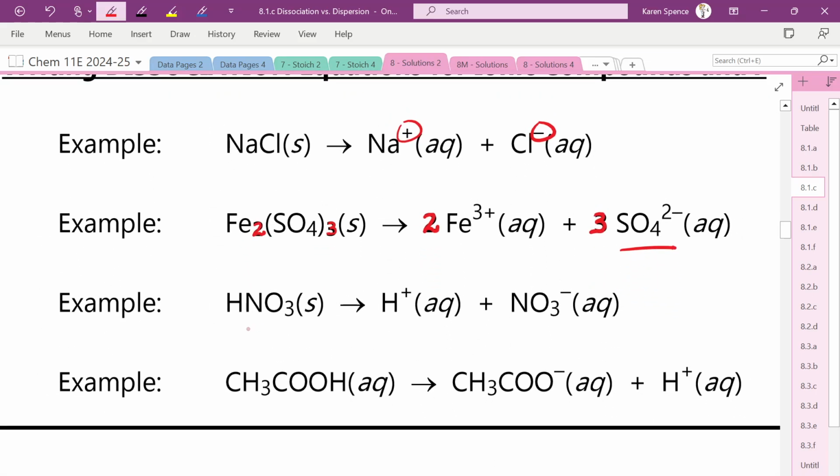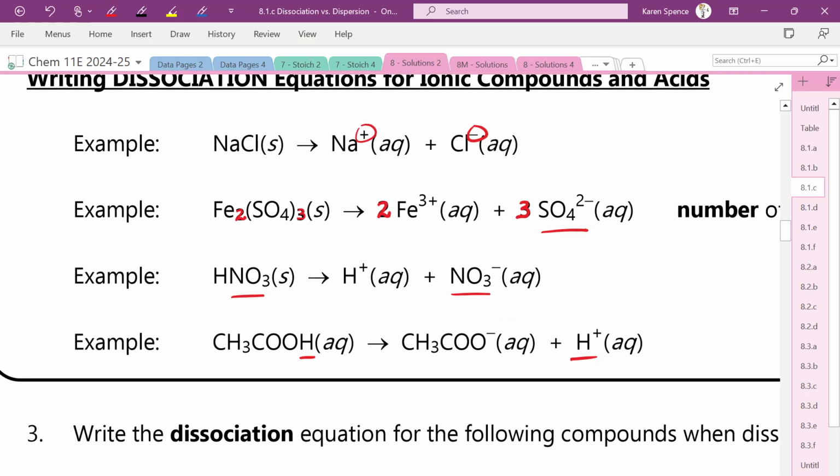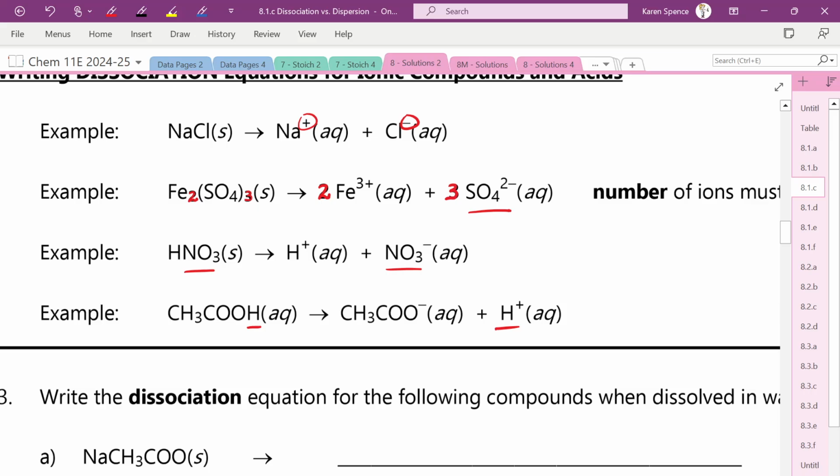HNO3, you need to remember that the NO3 stays together, and don't forget your charges. And finally, just a reminder once again that if you have a COOH acid, it's that final H that comes off. So there will be a bunch of practice.